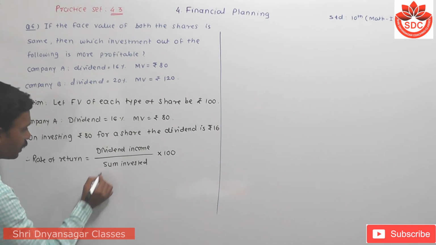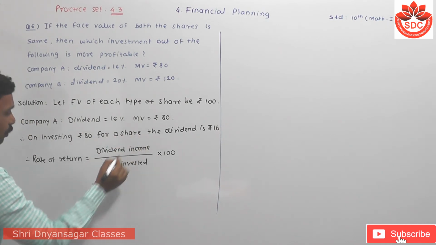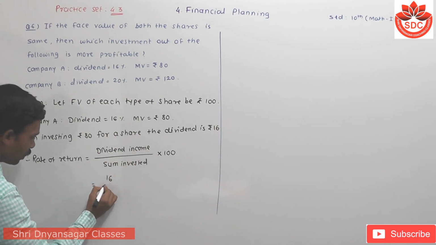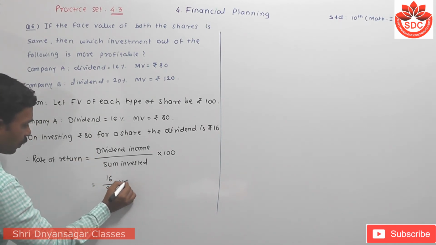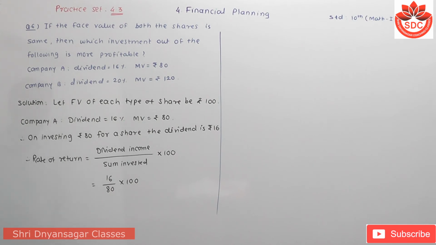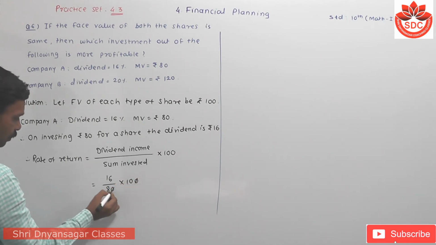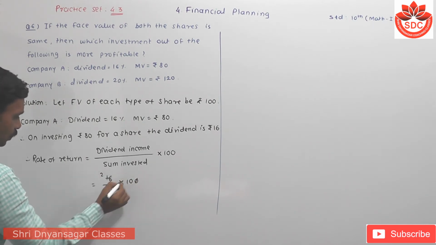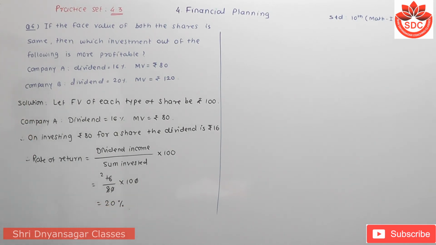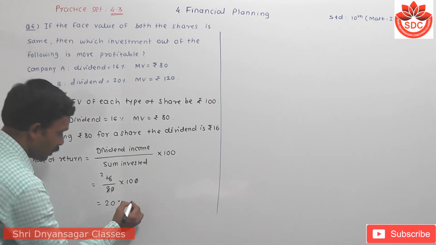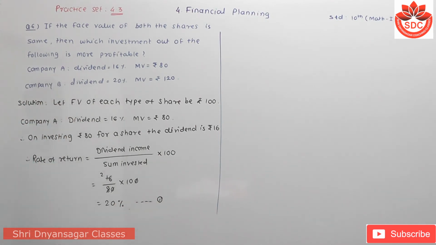Now student, here dividend income is 16 rupees. Sum invested is 80 per share into 100. Now we have to simplify: 8 2s are 16, 2 into 10 becomes 20%. Meaning rate of return for company A is 20%. Suppose that this is equation number first here.